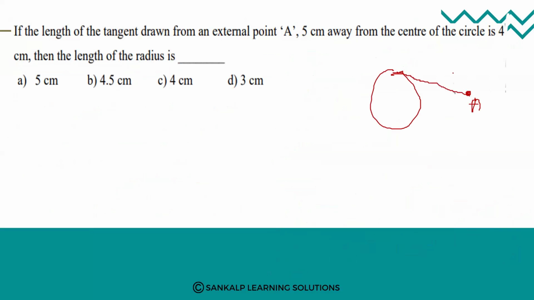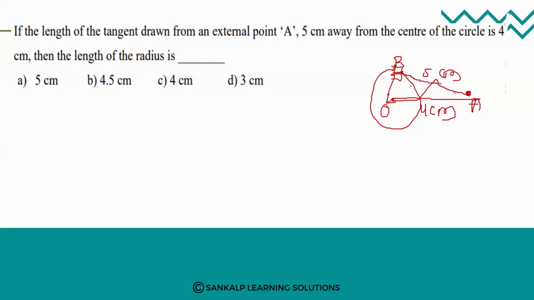The length of this tangent is 5 centimeters, right? Next, the distance from the center of the circle is 4 centimeters. So the center of the circle is here. So this is center O, this is A and this is B.